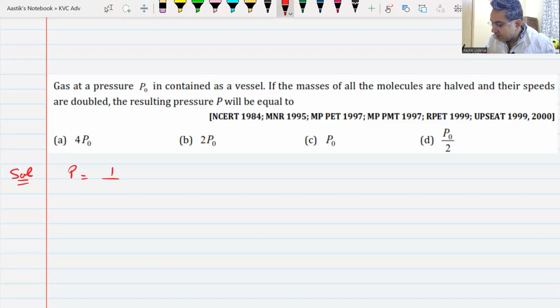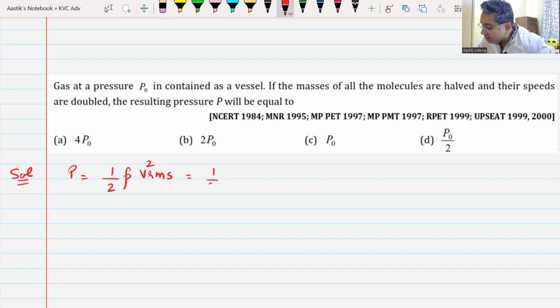Pressure is half rho VRMS squared. Rho is the density.